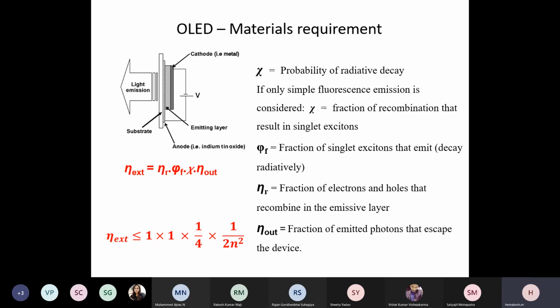That is, of course, for fluorescence, and we'll talk about other kinds of radiative processes. For those who are familiar with it already, you know that the other radiative process would be phosphorescence. But we'll look at simple fluorescent devices first before moving on to them.